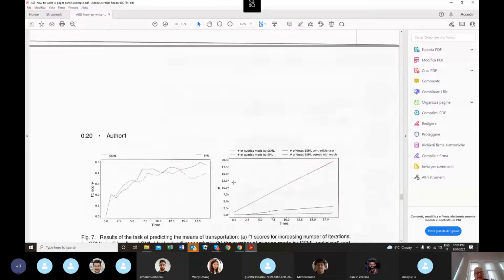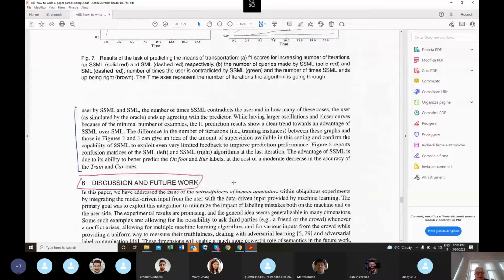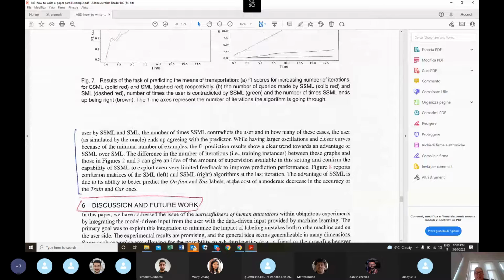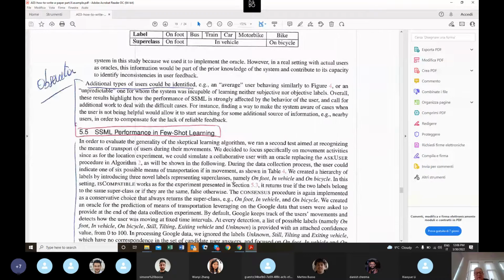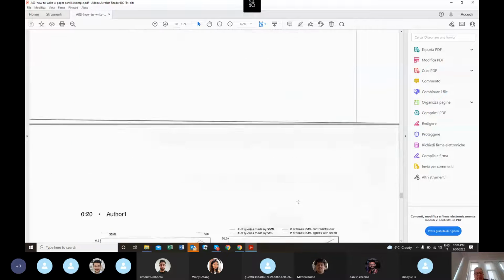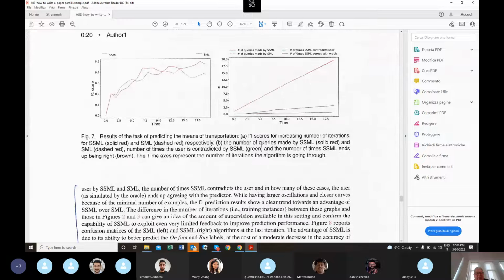And then a discussion and future work in the end. So you see here in the evaluation, we just have one section per type of evaluation. Sometimes, but this is a long paper, 24 pages. In shorter papers, you don't have so many. But UbiComp allows very long papers because it's a journal paper.